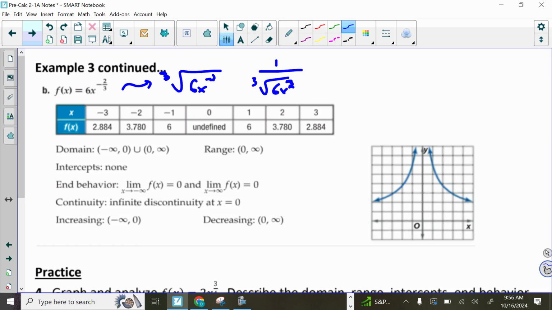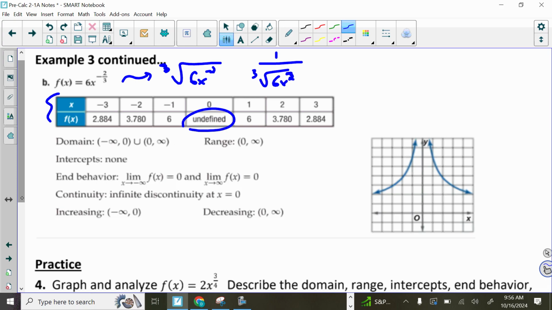That's kind of what they're saying here. It doesn't matter when you punch it in a calculator, you can still do that. Here's your table. You get these values. You can see, again, it's undefined at 0 here. So when we have our domain, the graph is over here.